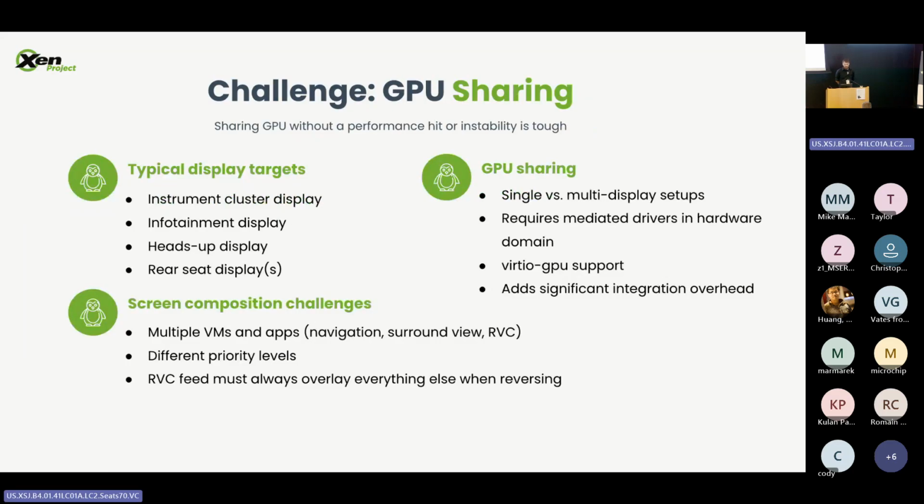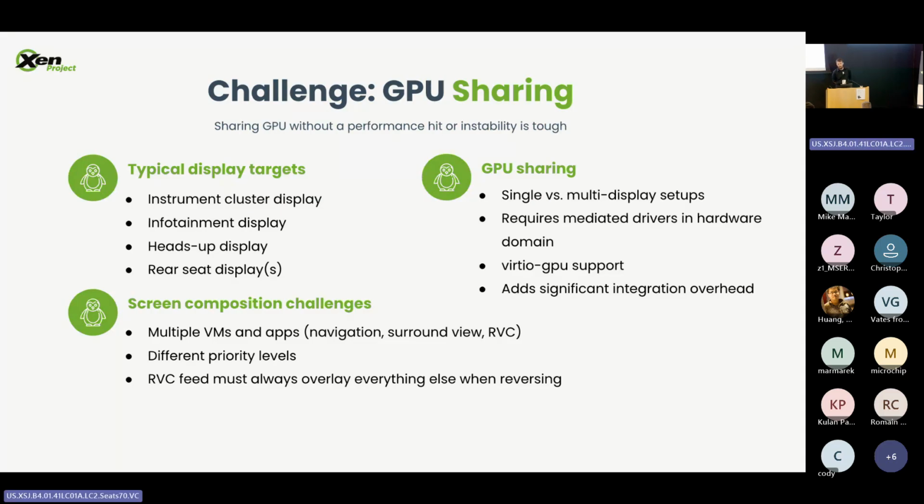The next big thing is visualization. So depending on the design, multi-display or single display or heads-up display or maybe rear displays, there's a need to have a layering system with priorities for showing the content on the displays. GPU hardware is pretty expensive and it's complicated.